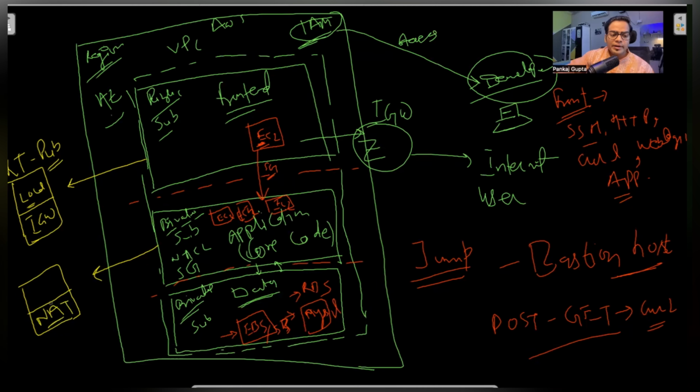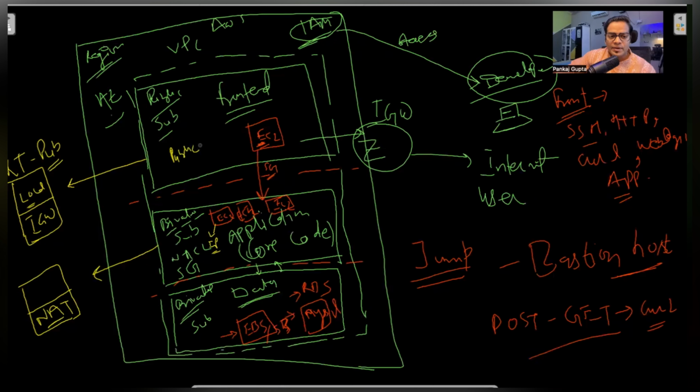NAT is network address translation. If we deploy an EC2 instance in a private subnet, it will have only a private IP. Whereas an EC2 instance or any GUI in the public subnet will have a public IP.